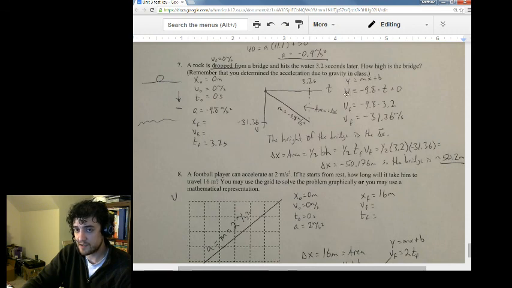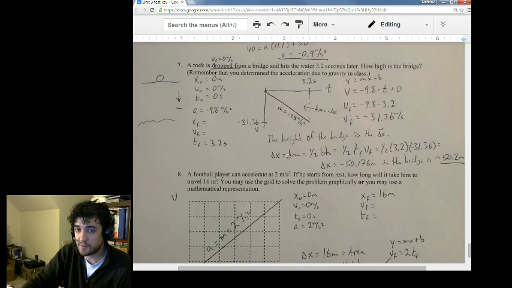Y value is the instantaneous velocity, slope is negative 9.8, x value is our time, the y-intercept is 0. Filling in what we know, at time 3.2, velocity is VF. We know the slope, we know the time, the y-intercept is 0, so VF is negative 31.36 meters per second. Now we know that.